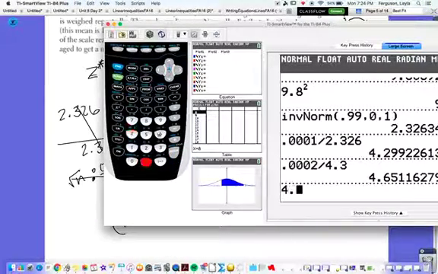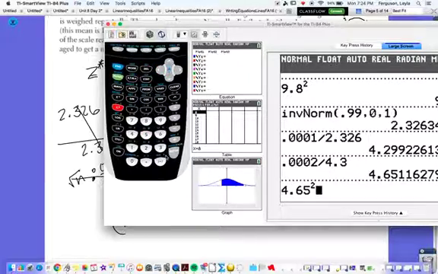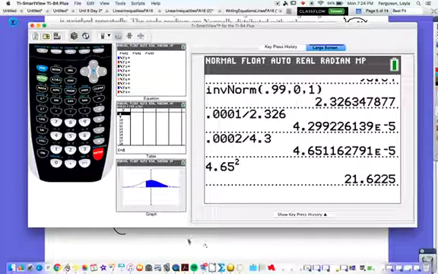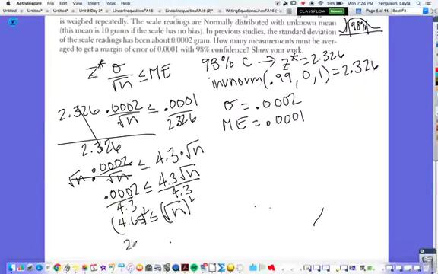So 4.65 squared gives me 21.6225 less than or equal to n.